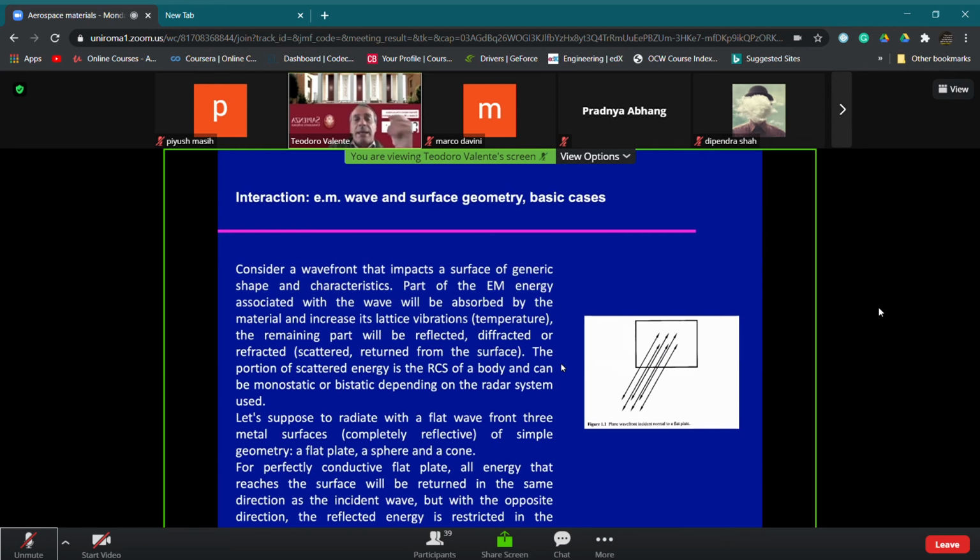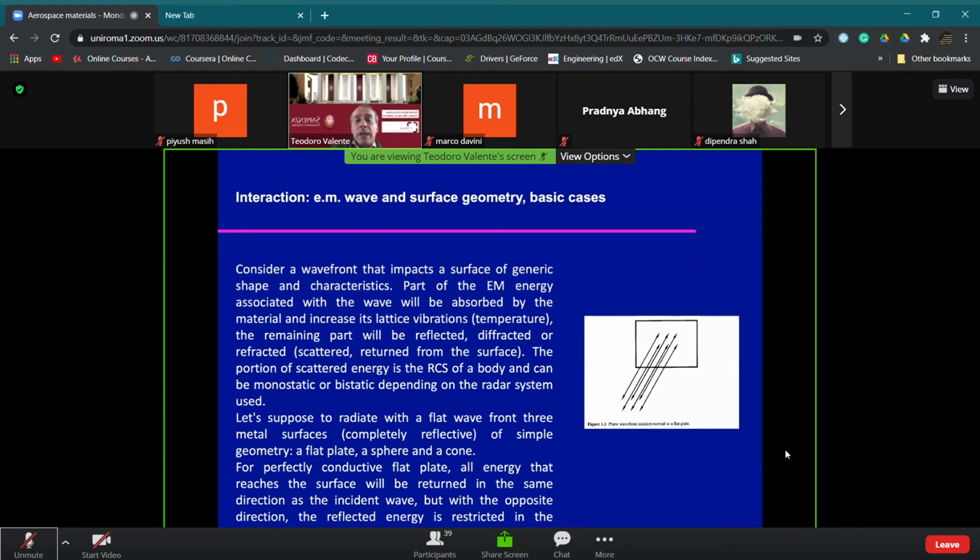For a plate which is perfectly conductive and which is a flat plate, given this hypothesis we made, that is, it is completely reflective because it's a metal surface, all the energy which is going to reach the radiated surface will come back and will be returned in the same direction of the incident wave, but obviously with the opposite versus, not direction, as I wrote here.